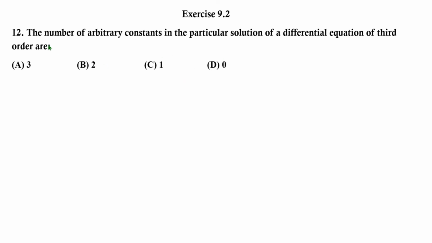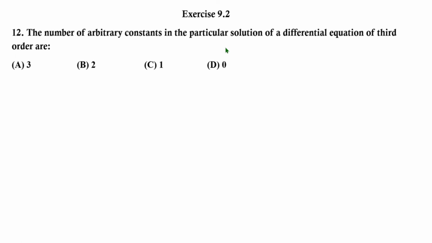The next question is the number of arbitrary constants in the particular solution of a differential equation of third order are. If the question was general solution, then there will be 3 parameters, or 3 arbitrary constants, in the general solution. What is the meaning of particular solution?